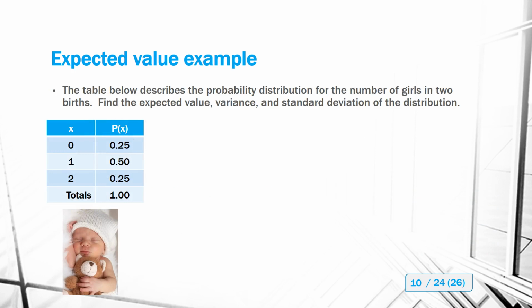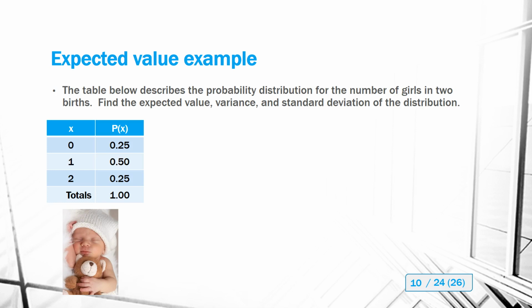Here's an example to help us better understand expected value. So suppose we have this table here, a probability distribution. It's describing the number of girls in 2 births. So you're looking at 0, 1, and 2, and find the expected value, variance, and standard deviation of the distribution.